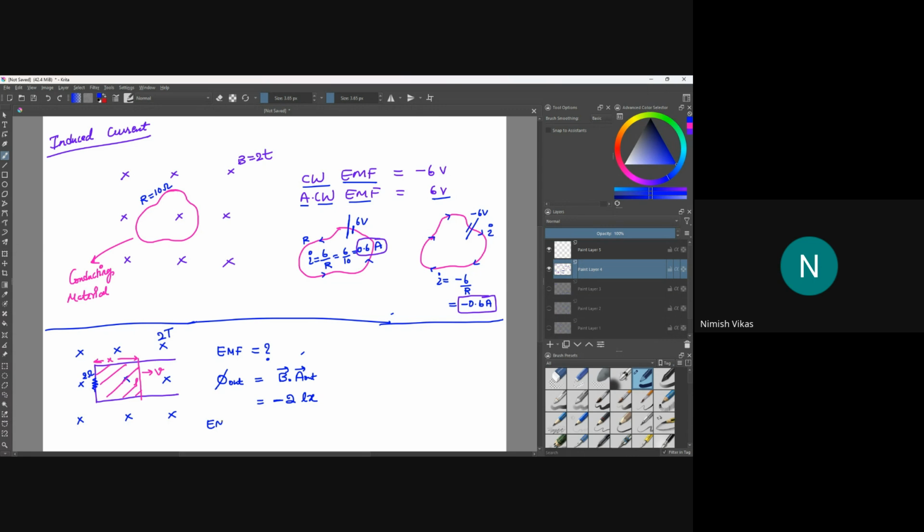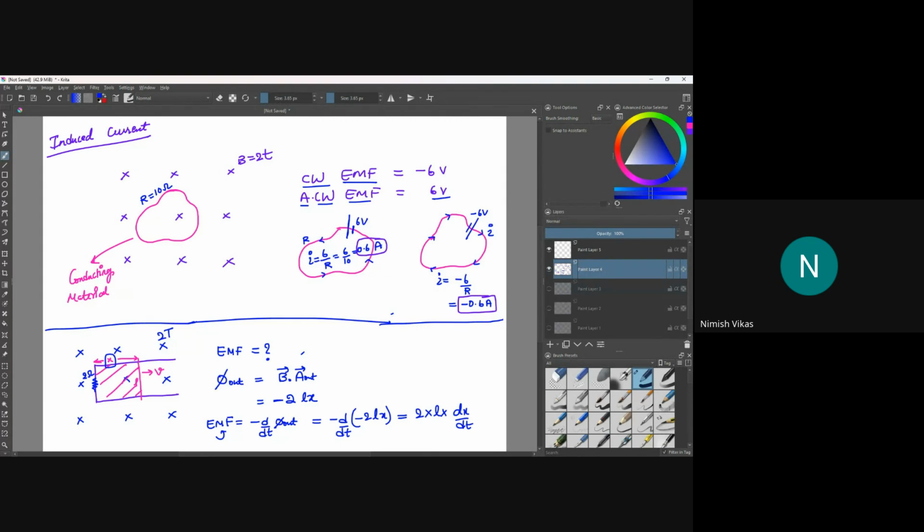Now I'll use Faraday's law. According to Faraday's law, anti-clockwise EMF is minus d by dt of phi out. So minus d by dt of minus 2Lx, that is 2 into L into dx by dt. You can see from the diagram that dx by dt is just equal to the velocity, the rate at which x changes is nothing but v.